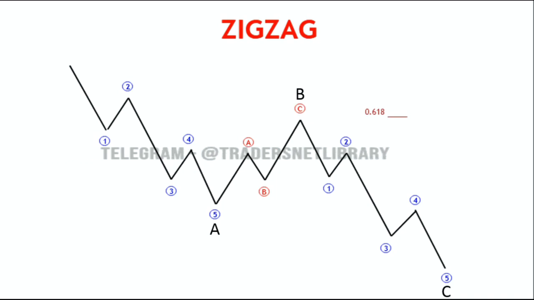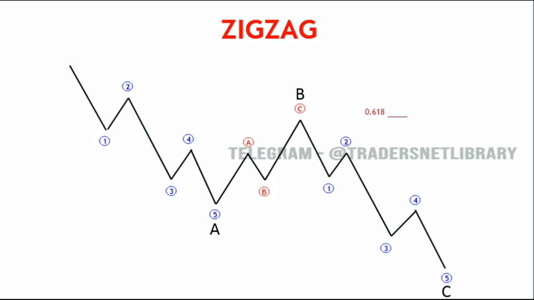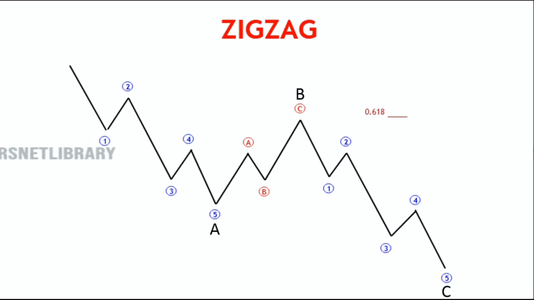The zigzag pattern can be formed in different structures of Elliott waves. 1. Wave 2 of the 5-wave structure of impulse trending waves. 2. Wave 2 of the 5-wave structure of impulse terminal waves. 3.